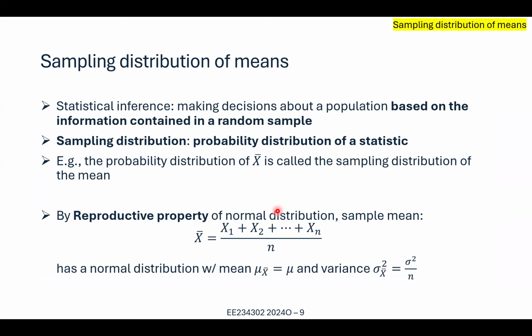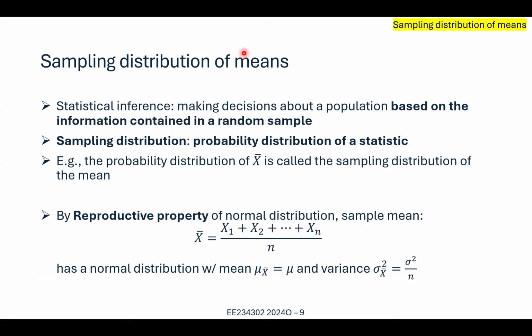The probability distribution of the sample follows certain rules, certain natural phenomena, which might be a little bit different from the population. So basically the key in statistical inference is that we make a decision about the population based on the information contained in a random sample.